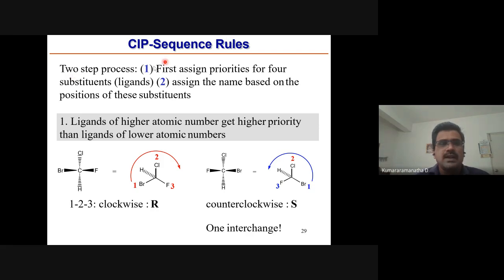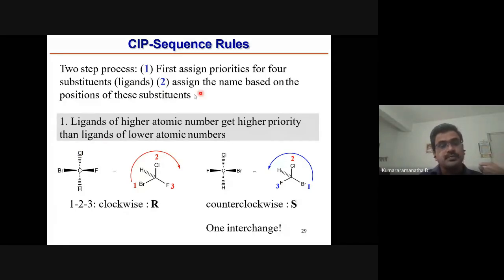So here in the CIP sequence rules, the first thing is you assign priorities for the substituents. Substituent means, if carbon is the stereocenter, it is linked to 4 different functional groups. These you can call ligands.